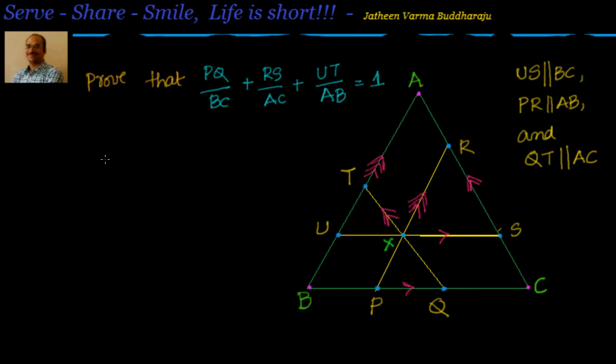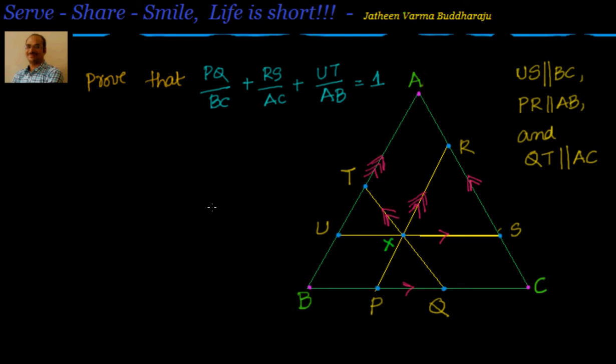In this session, let us look at an interesting similar triangles problem. So here is the problem. Let's try to solve it together. We have been given that ABC is a triangle with vertices A, B and C, and also P, Q, R, S, T, U are points on the sides AB, BC, CA respectively, such that US is parallel to BC, QT is parallel to CA, and PR is parallel to AB.